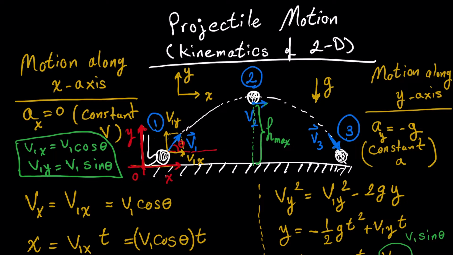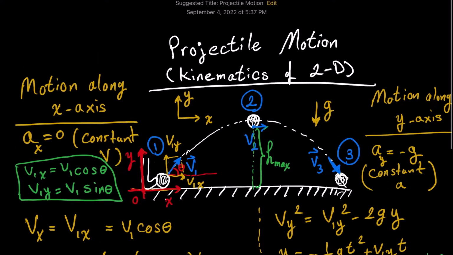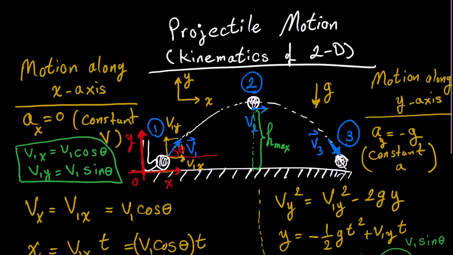So we already assume that we're familiar with the equations of kinematics, and so this is going to be the continuation of that. So imagine we have a soccer ball that is kicked with an initial velocity of v1 with an angle of theta with respect to the horizontal axis.